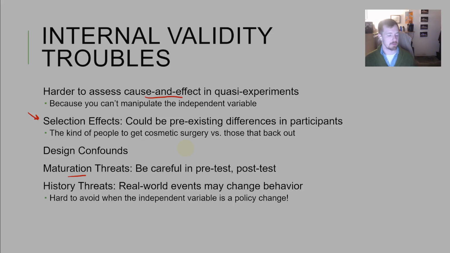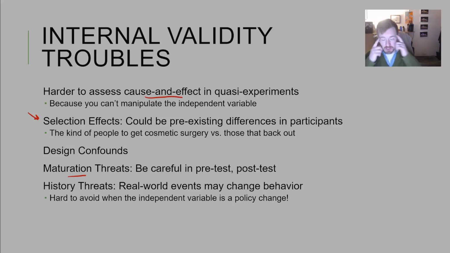But let's say that somebody got cosmetic surgery to cover up crow's feet on their eyes or something like that. And then 6 months later, there was this movie that came out and it had a really cool action star, and she was a little bit older, and so she had crow's feet too, and now crow's feet were in. Now crow's feet are fashionable.